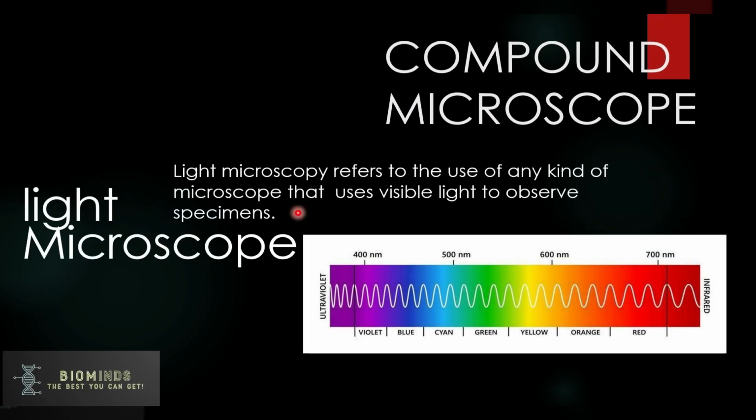So the compound microscope and the light microscope are basically the same. We need light to observe the specimen, right? So we use the light microscope and the compound microscope together, and we have the compound light microscope. This light microscope refers to any kind of microscope that uses visible light to observe specimens. So we have the visible spectrum. In college labs we use visible light as a light source for the compound microscope.